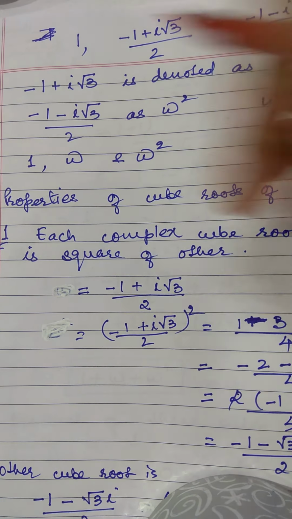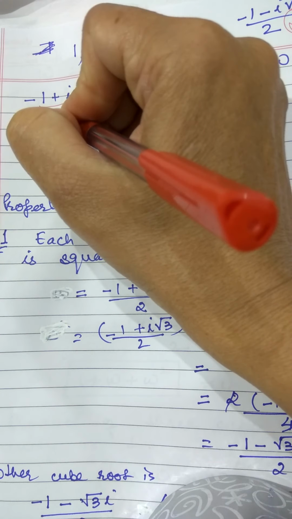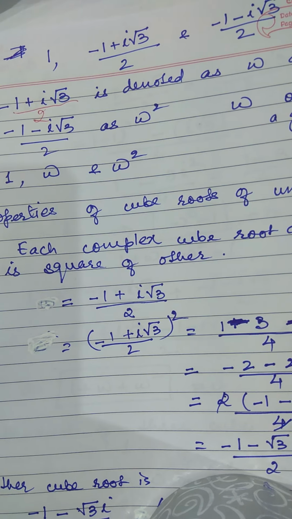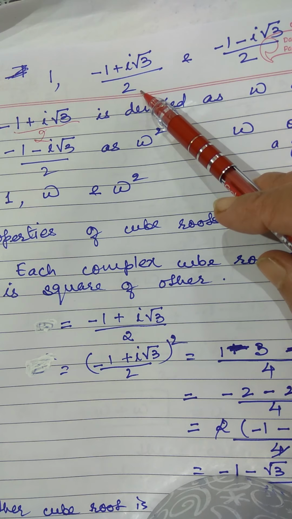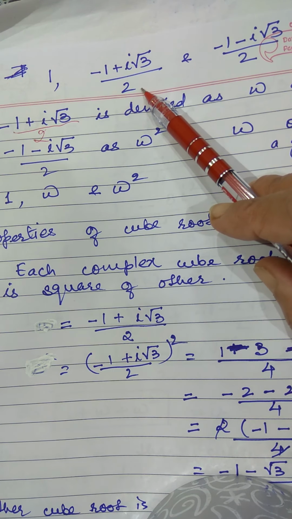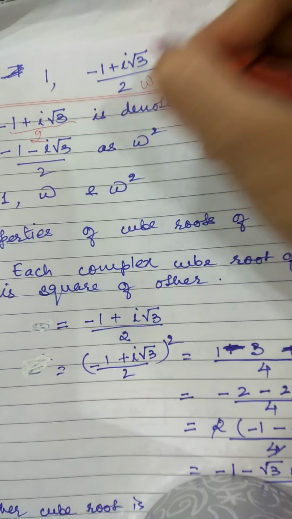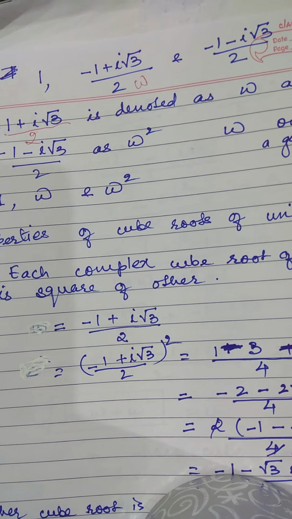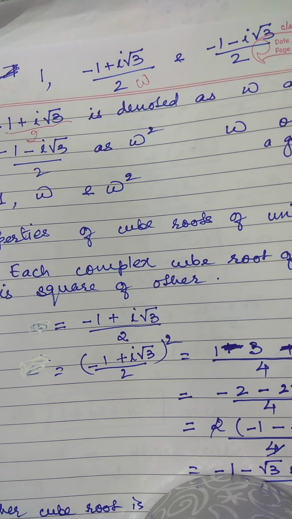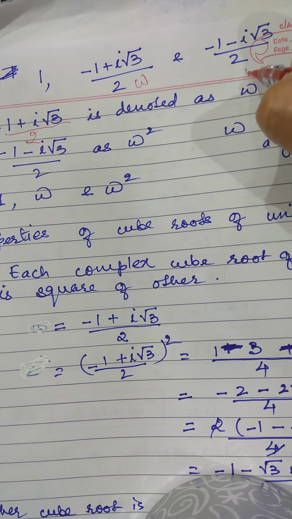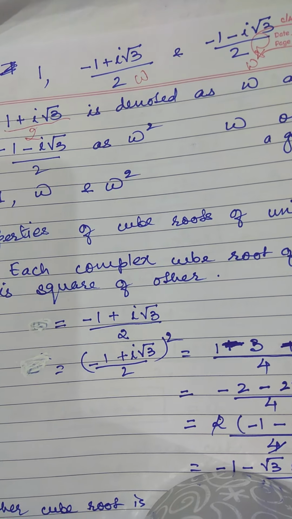The real one is 1, so no need to name it. The other one, that is minus 1 plus iota root 3 upon 2, is denoted by omega, a Greek letter omega. And minus 1 minus iota root 3 upon 2 is denoted by omega square.